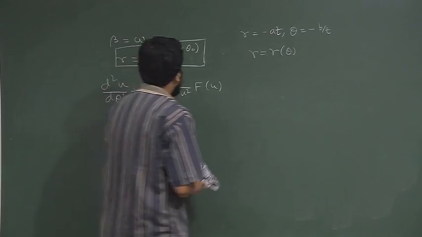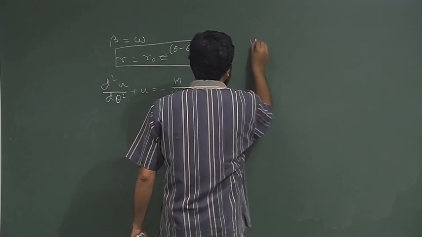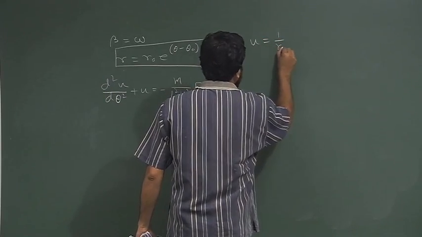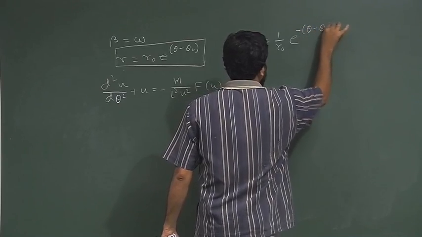Now, if r is equal to this, u will be equal to 1 by r 0 e to the power minus theta 0.